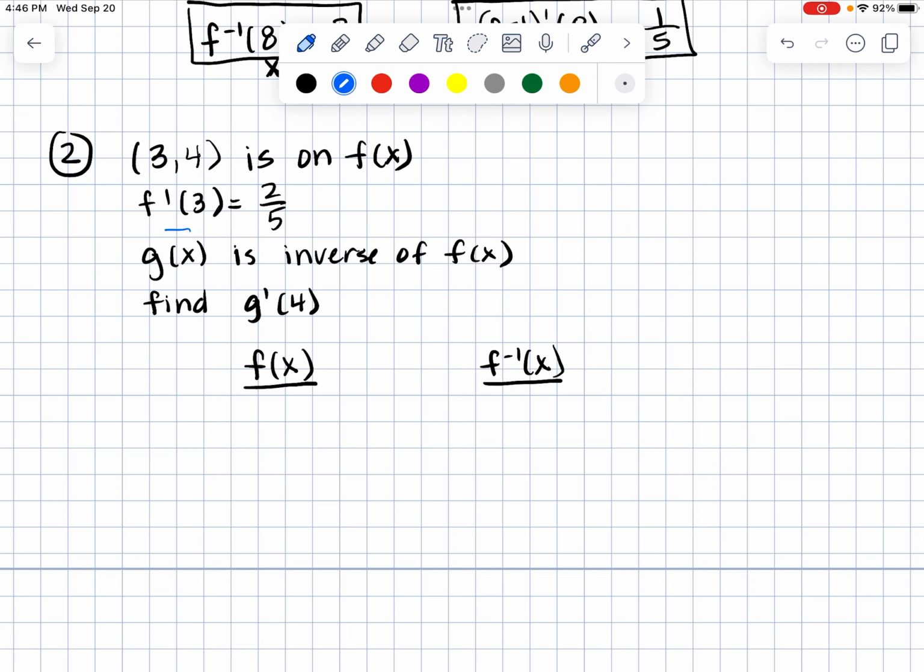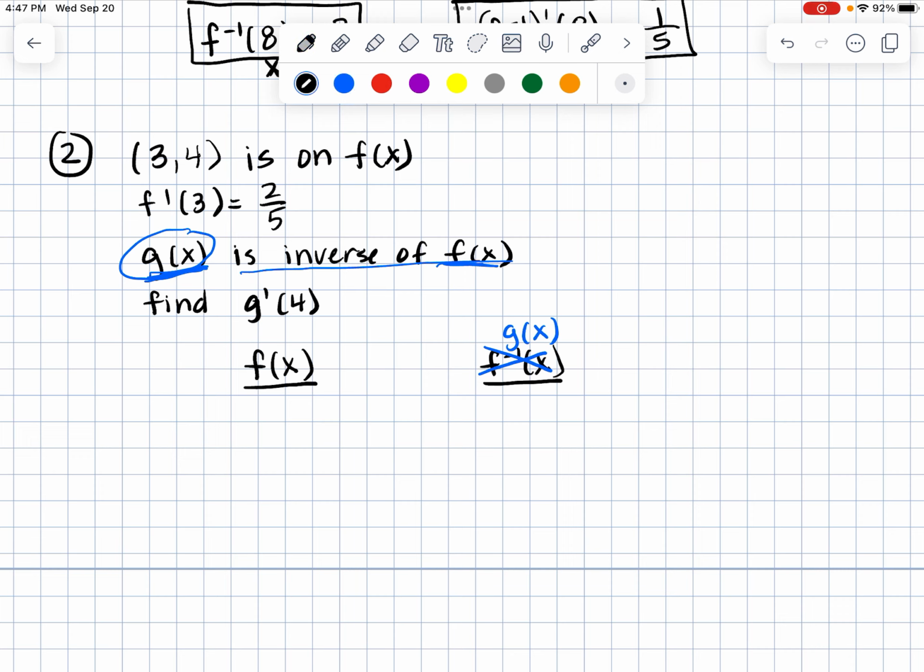They said g of x is the inverse of f of x. So for the first time, I don't have to call it this anymore. I can just call this g of x because they told me that I'm going to call the inverse of f of x, g of x instead of calling it f to the negative 1. So they gave it a new name. And you might be like, oh my gosh, that makes it more complicated. Actually, it's easier than writing the f inverse, okay?